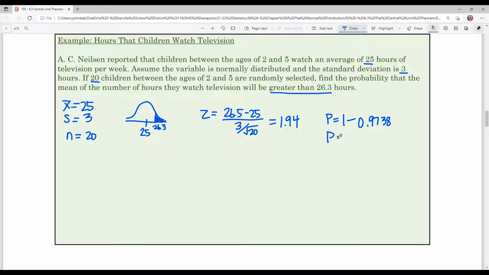When I subtract that, I get 0.0262. So basically what this means is if I choose 20 children and find the mean of the average amount of hours that they watch television, I have about a 3% chance that their average is greater than 26.3. So it's a pretty small window.